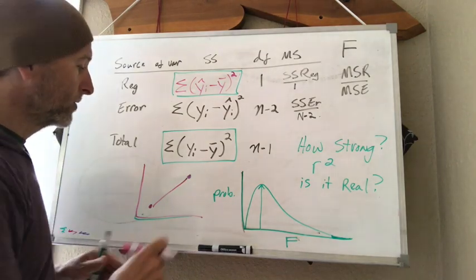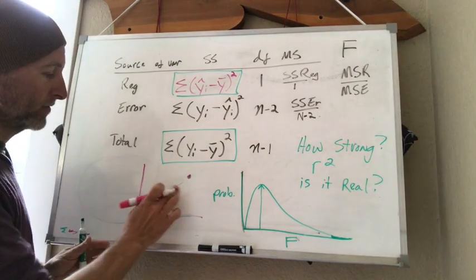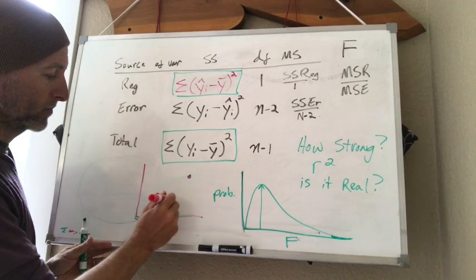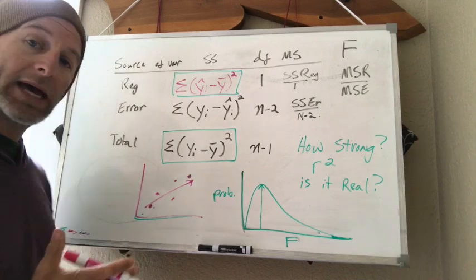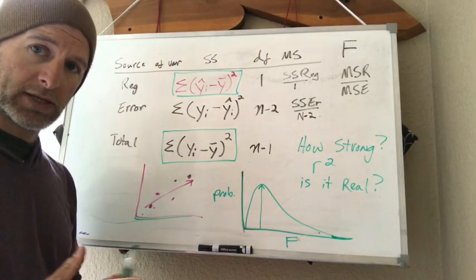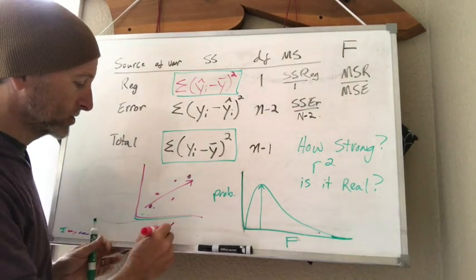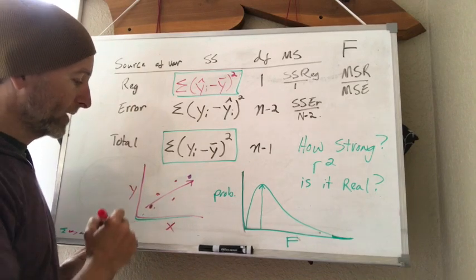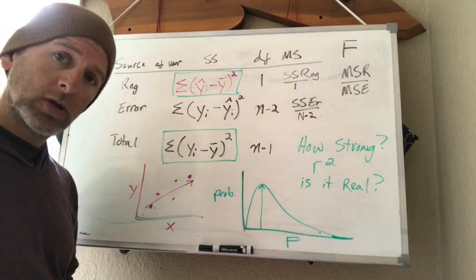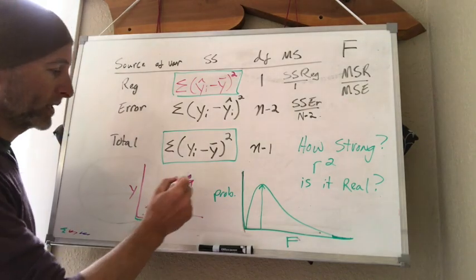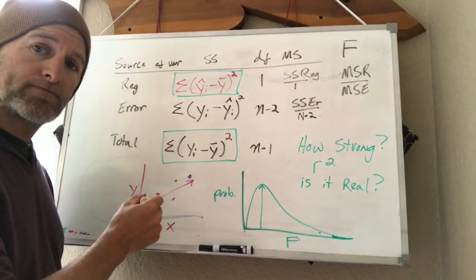So what about an intermediate case where we have a few points and we fit a line? Would we get that sample due to chance, or does there have to be a true relationship between x and y? The easiest way to do that is to test the null, and the null would be that we're getting this just due to chance.